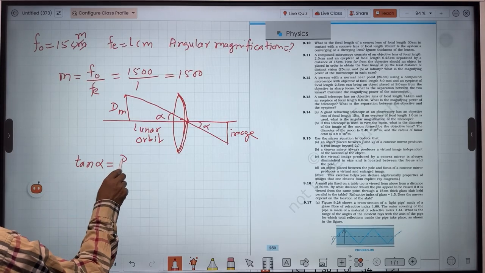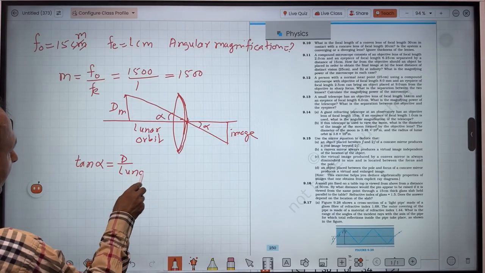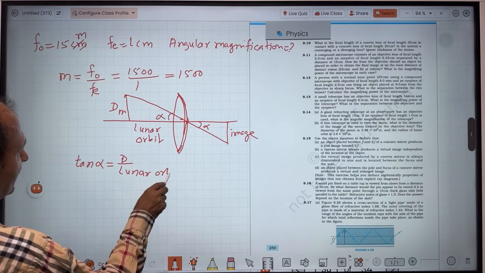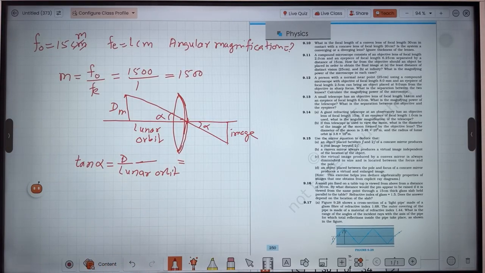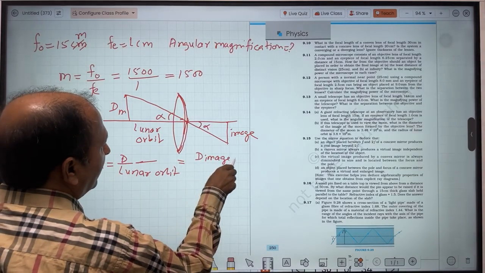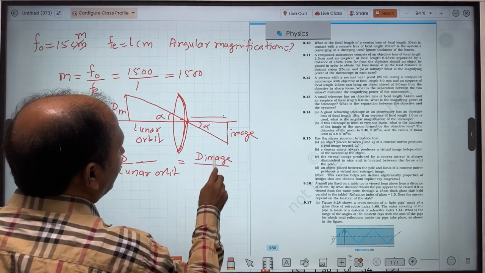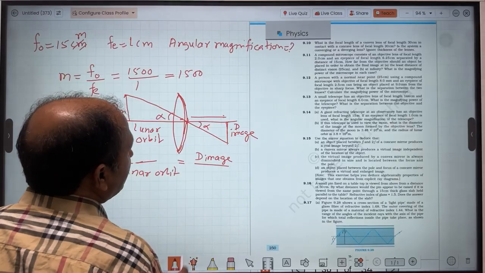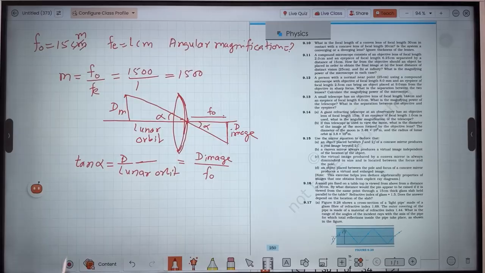And this will also be equal to, from here, if this image is formed at focus, d image divided by fo. D image for this distance, this is size of the image, and this is focal length of the lens, divided by fo. So this is basic information that we can make use of.